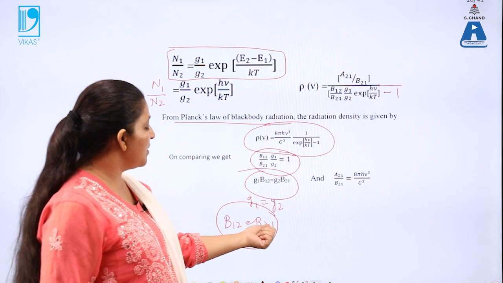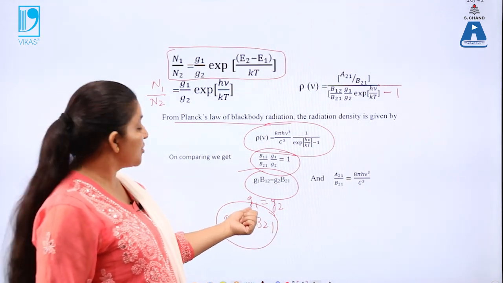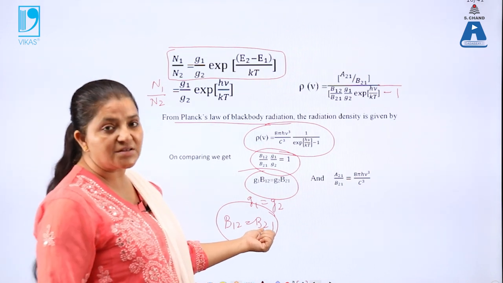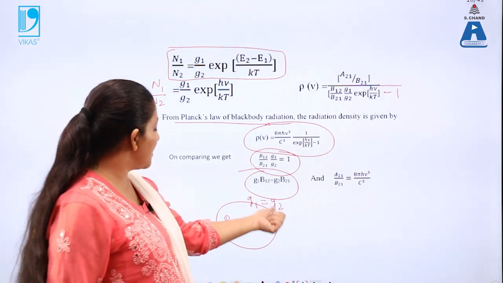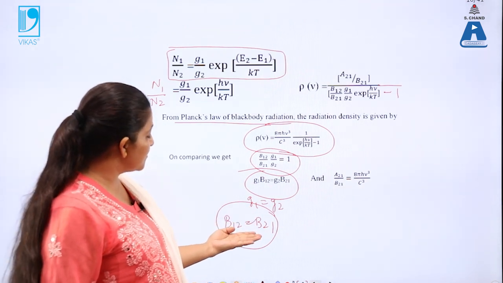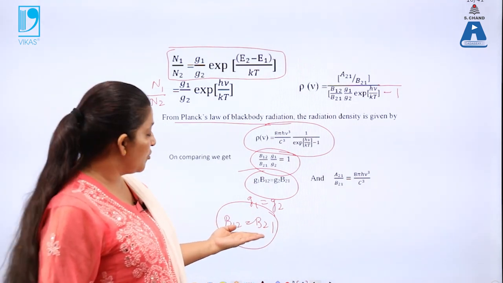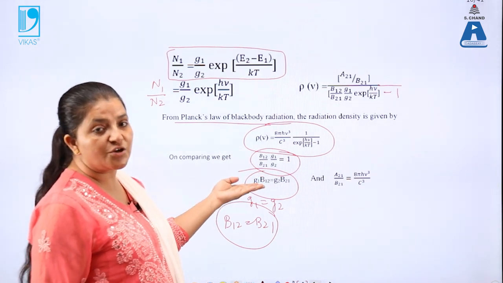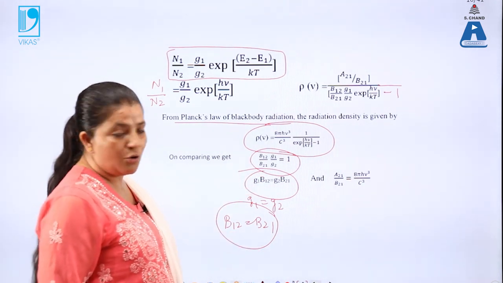What is B21? That is the number of atoms which are moving from the excited state, the metastable state, to the ground state. That means their coefficients must be equal to each other. So the number of atoms moving from the lower level to the higher level must be equal to the number of atoms moving from the higher level to the lower level.